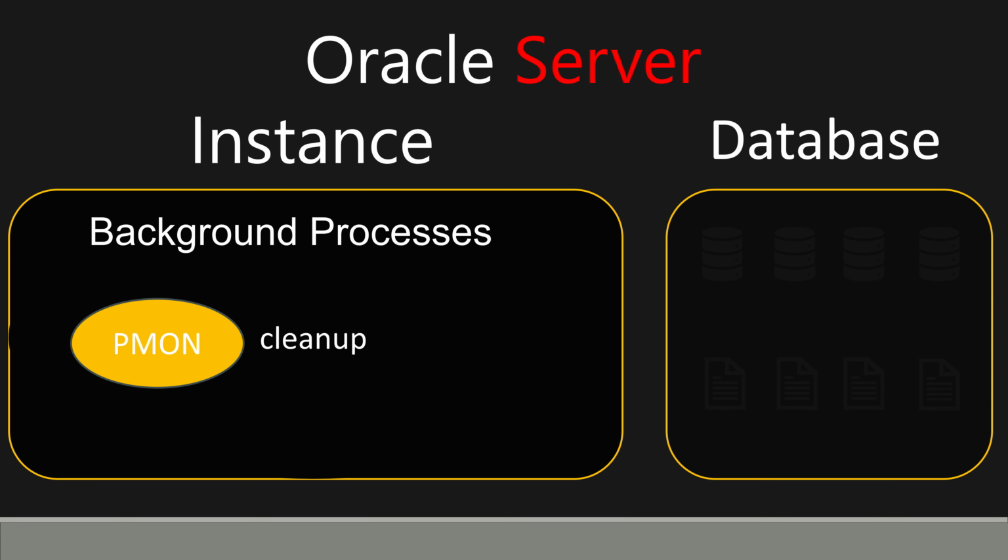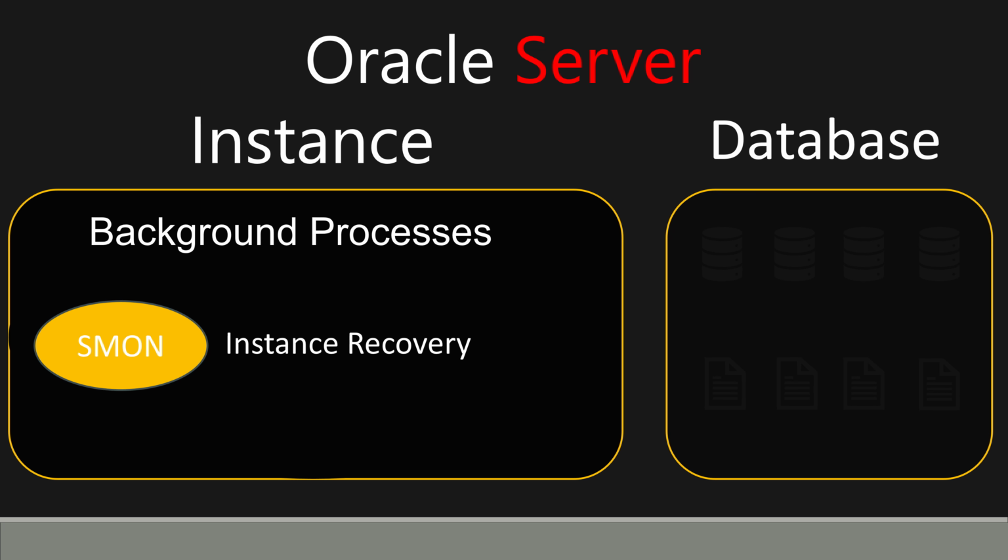PMON process monitors and cleans up failed user processes and releases resources. SMON or system monitor. This is the major background process. Performs instance recovery during database startup after abnormal shutdown.